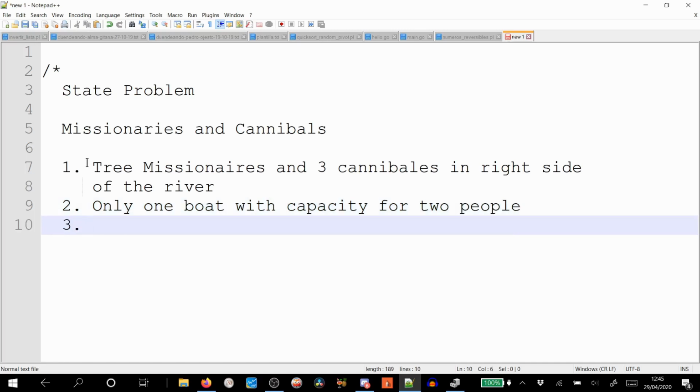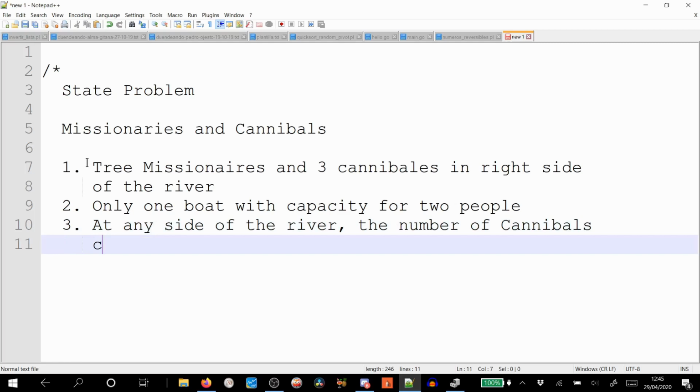And at any side of the river, the number of cannibals cannot be higher than the number of missionaries.